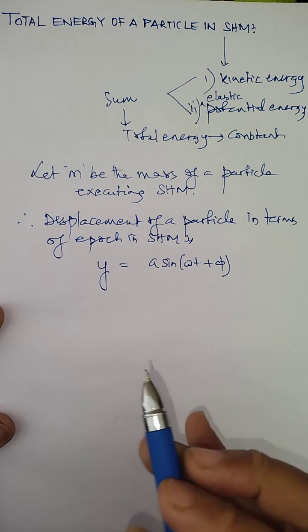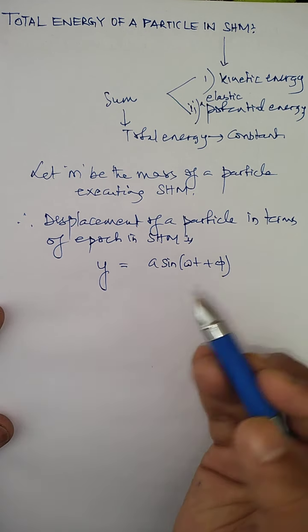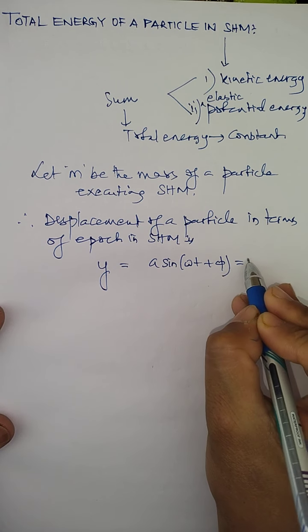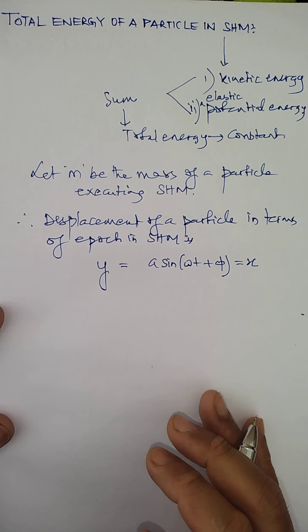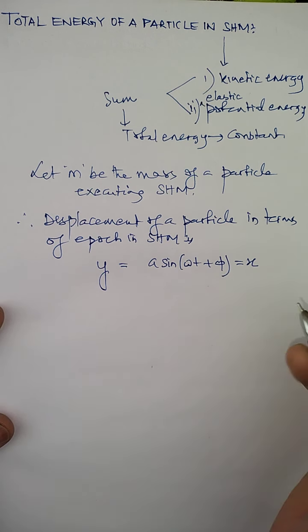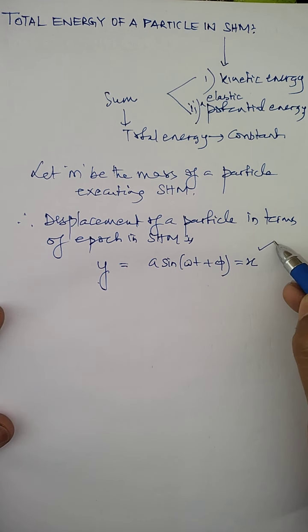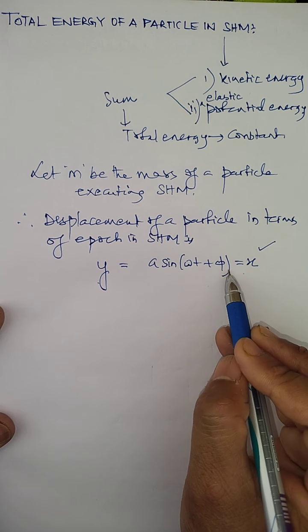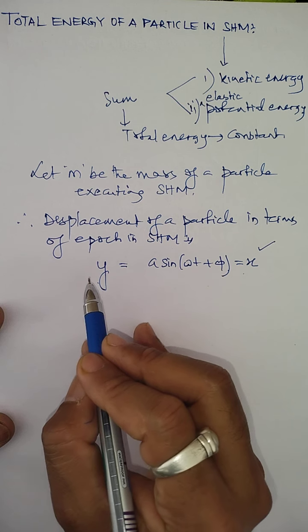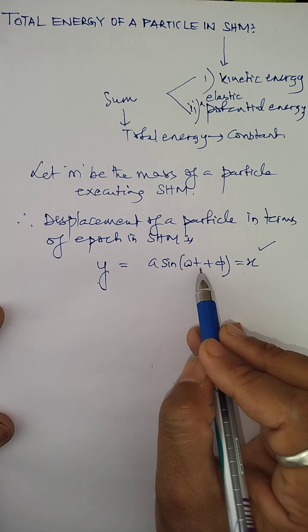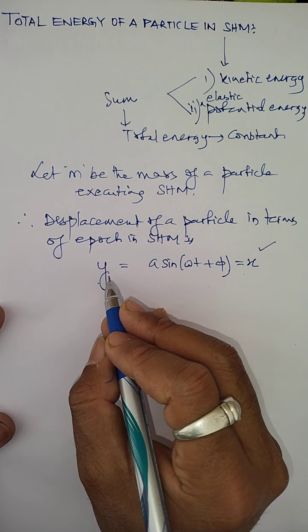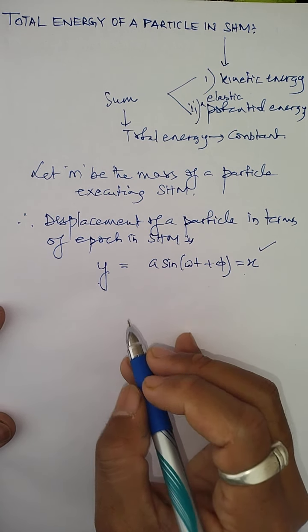But children, remember this displacement is not only expressed along the y-axis. It can be along the x-axis if the displacement is a linear displacement. For linear simple harmonic motion, we can write x equals a sin(omega t plus phi), and this phi is called epoch, and displacement y can also be written as a sin(omega t plus phi).